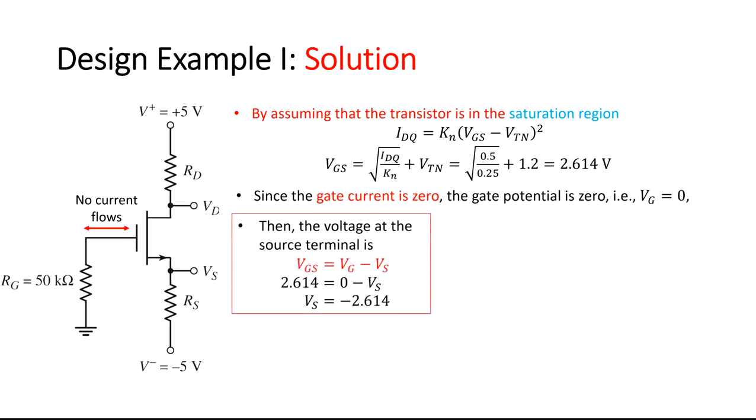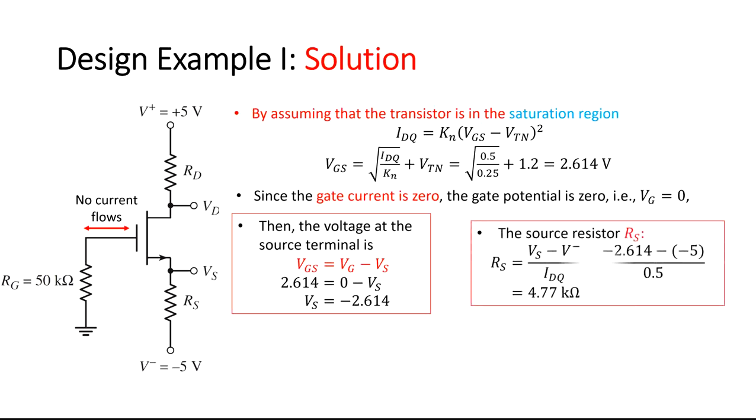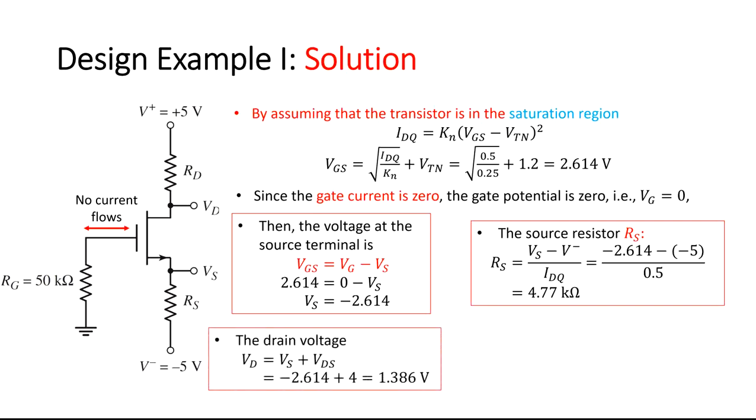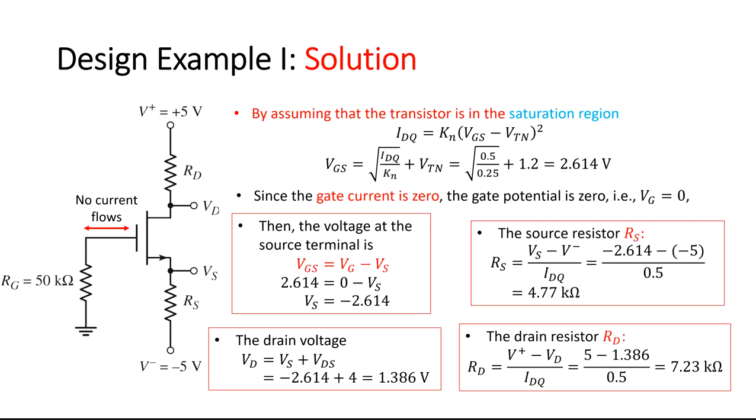The source resistor is found. The voltage at the drain terminal is also given. Similarly, the drain resistor is introduced. Finally, the saturation region of the transistor can be justified.